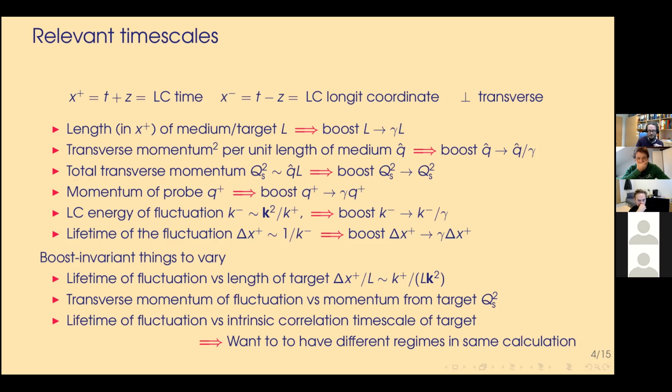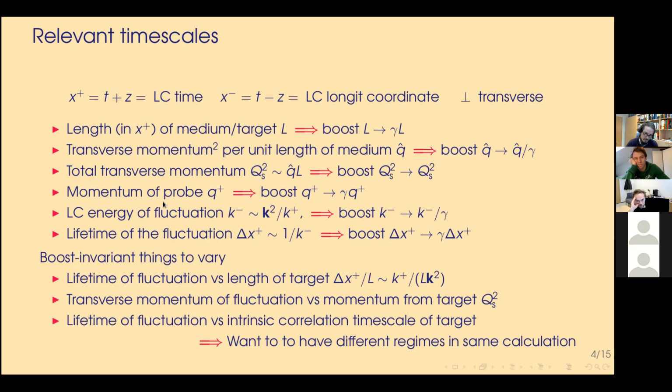So you can go to the limit where you describe the target as a shock wave. This is the quantity that survives going to the limit where the target is an infinitesimally thin shock wave, the total transverse momentum.